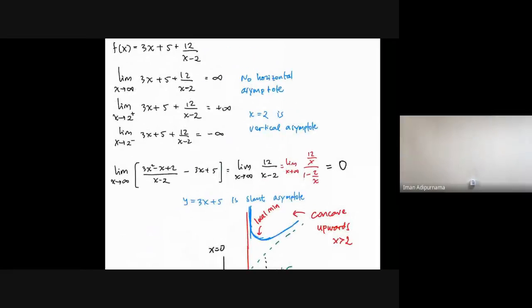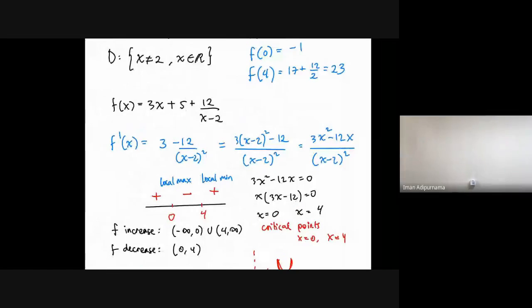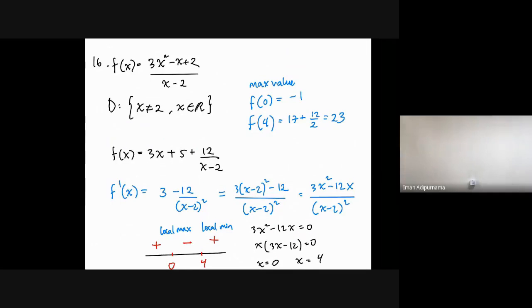Suggestion for you. If you are having big functions like this, 3x squared minus x plus 2 over x minus 2, it's really, really useful if you can make up these terms.